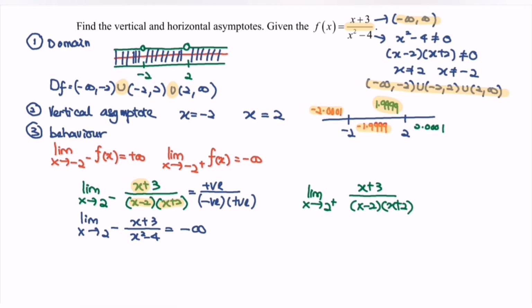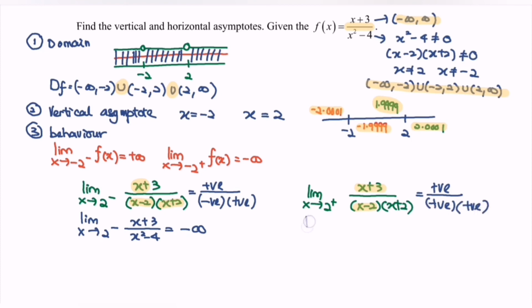Let's move on to the right hand side. The value would be 2.0001. If we substitute, we will have a positive value over... For this part, very obvious, 2.0001 is more than 2, so again we will have another positive value, multiplied with a positive value.